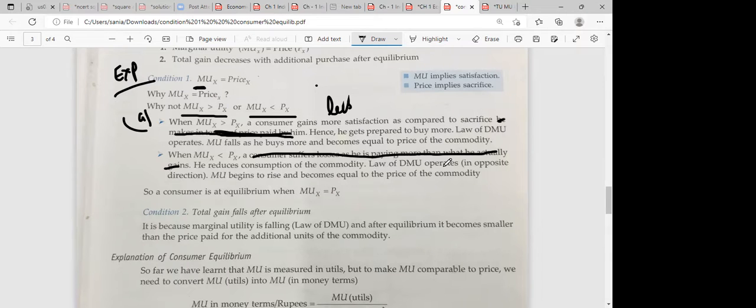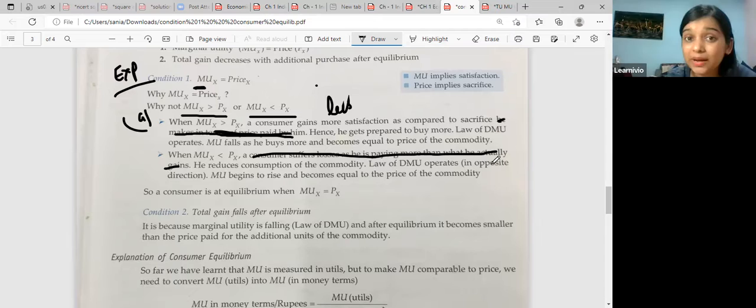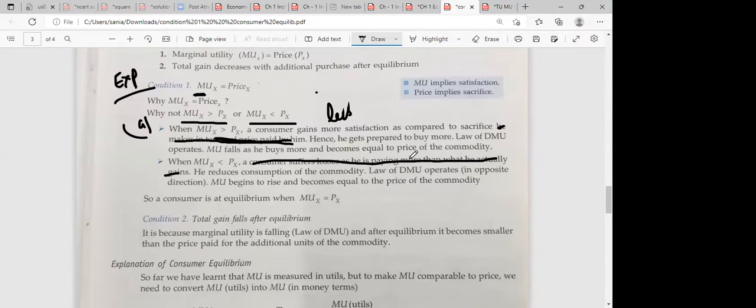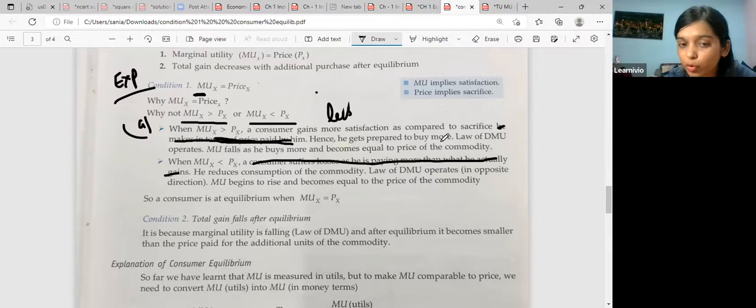Then law of DMU operates, in bracket, in opposite direction. So MU begins to rise, and MU will rise till it becomes equal to the price of the commodity. Clear? Here it is written, hence he gets prepared to buy more. So you can write, he increases consumption of the commodity.